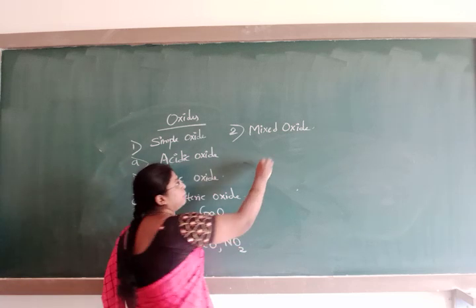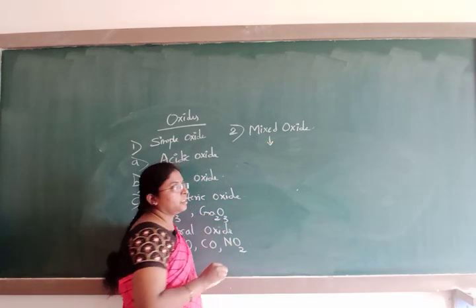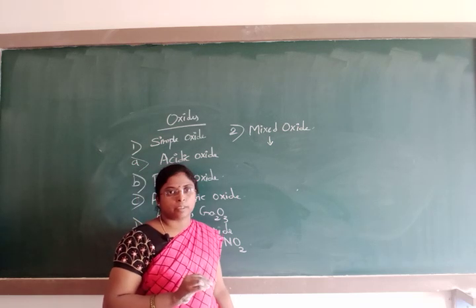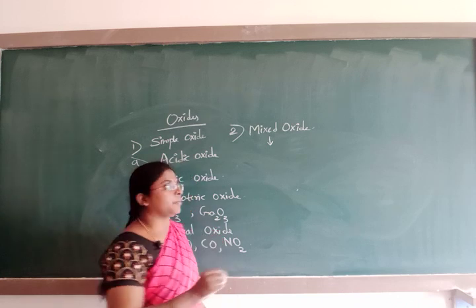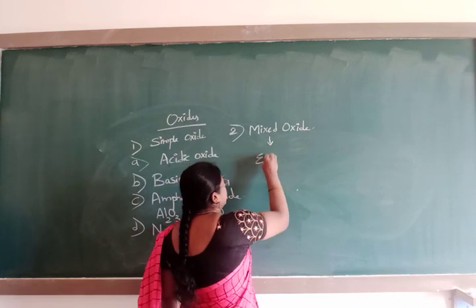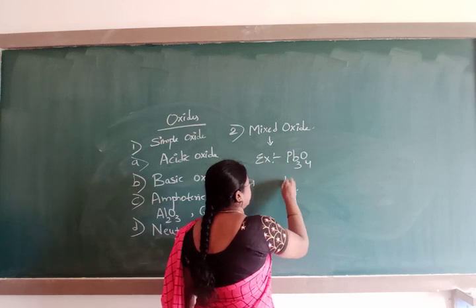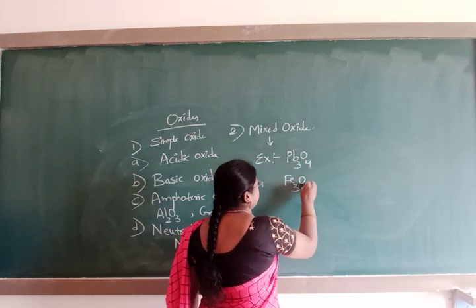Next comes the mixed oxide. The word itself indicates it: two simple oxides combined together form a mixed oxide. Examples are Pb3O4 and Fe3O4.